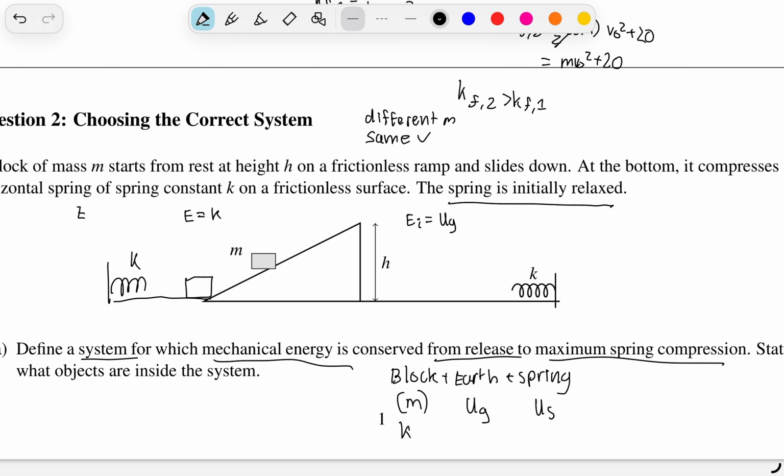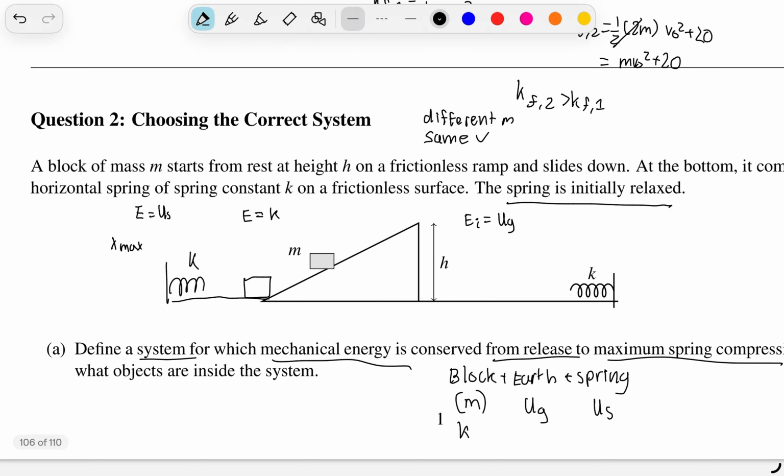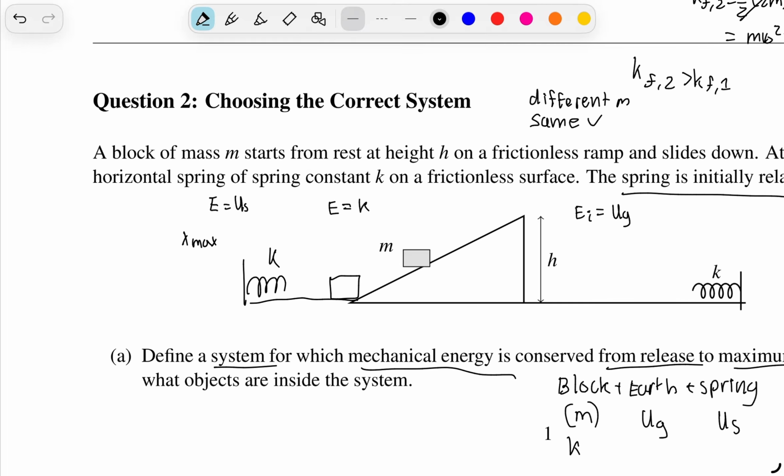When you're all the way compressed to X max, your energy is all US, because you have the maximum spring compression. At that instant, your velocity is equal to 0, and you're momentarily at rest because you're changing from going in a positive direction to a negative direction, reversing your direction to go back towards equilibrium after you've compressed that spring.